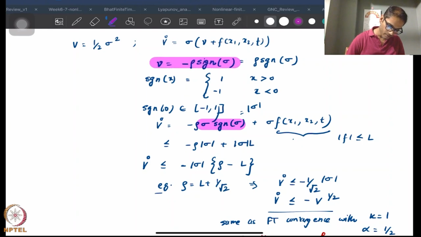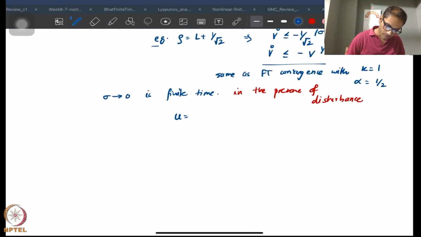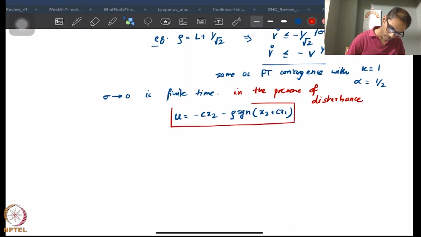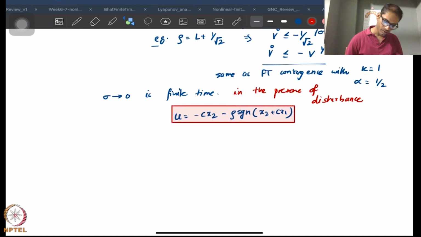So therefore our control is minus cx2 minus rho signum of sigma, where sigma is x2 plus cx1. So that's the control.